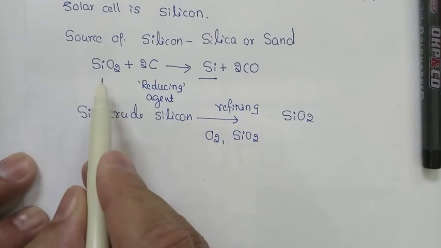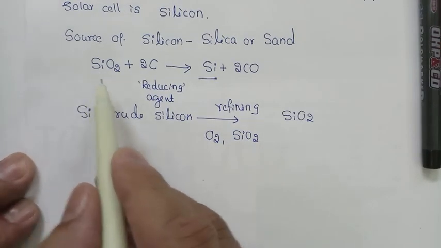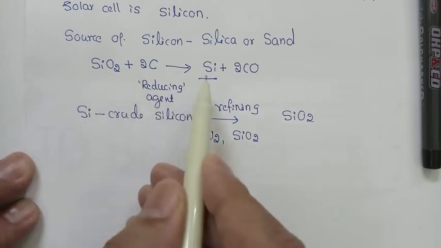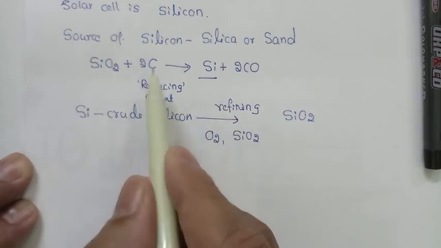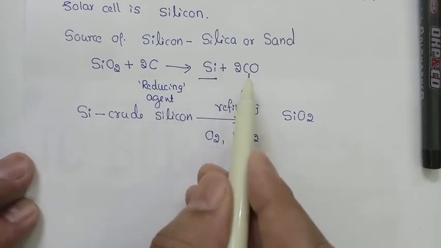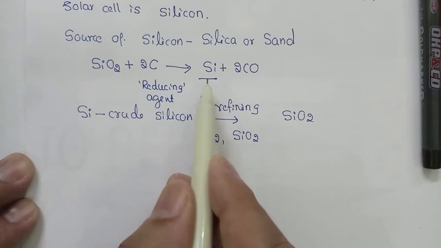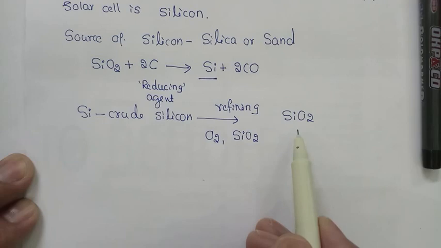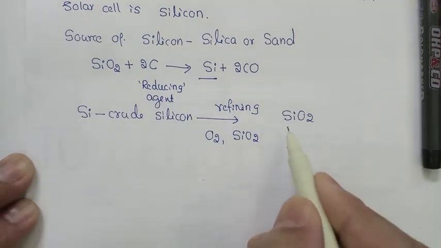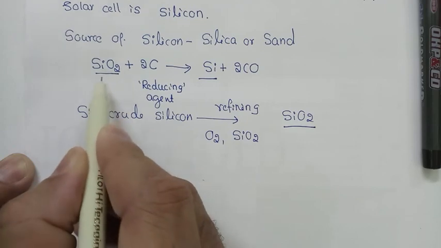So the natural silica quartz contains many impurities. So it is reduced to silicon, and carbon is oxidized to carbon monoxide. Whatever silicon is obtained is called crude silicon. Now this crude silicon is further oxidized to silicon dioxide. This silicon dioxide is pure compared to this one, which is naturally available.